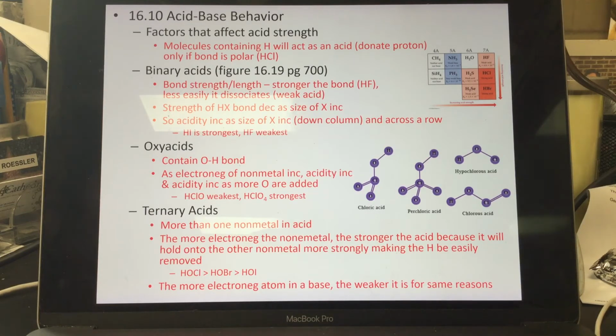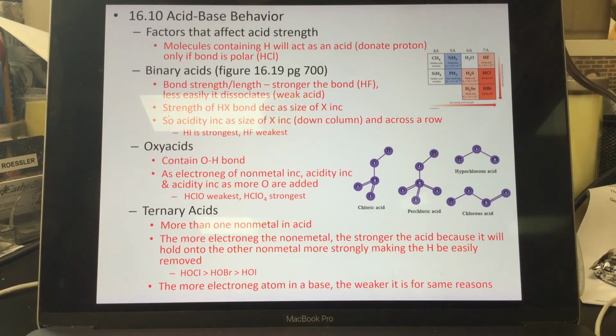So the more electronegative atom in a base, the weaker it is, and that's for the same reason. So the same holds true for a base. Now remember though, electronegativity increases as we go up and towards the top right hand, towards fluorine, making fluorine the most electronegative element.